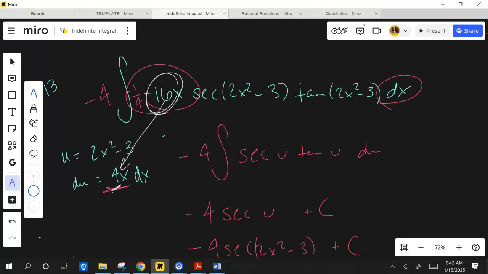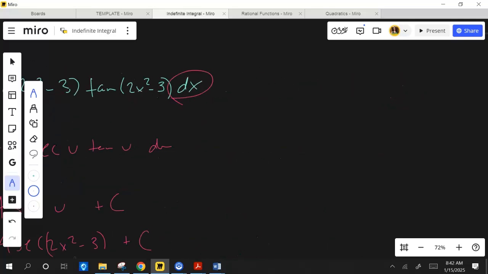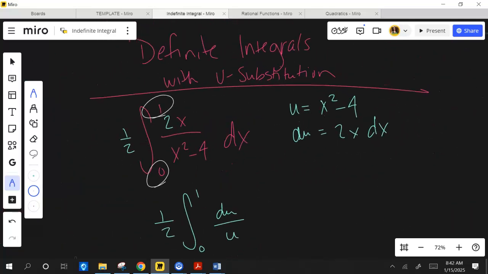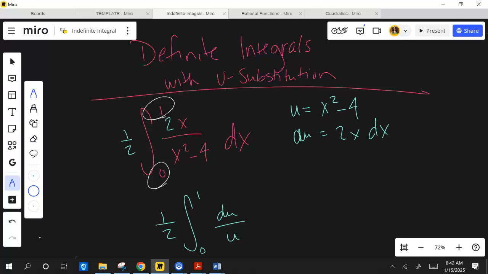To make that be 4, I had to divide by 4. Opposite goes on the outside, because a 4th times 4 is 1. So over here, it had nothing. I needed it to be 2, so I multiplied by 2. I countered that with a 1/2 outside. So it depends on what you have inside as to what you put outside.